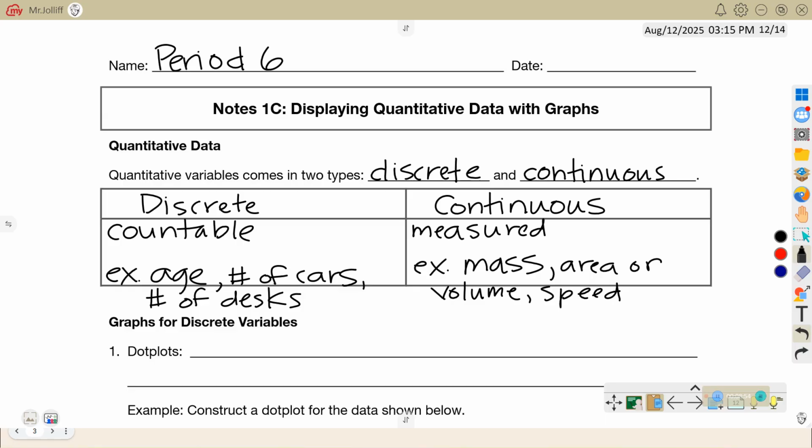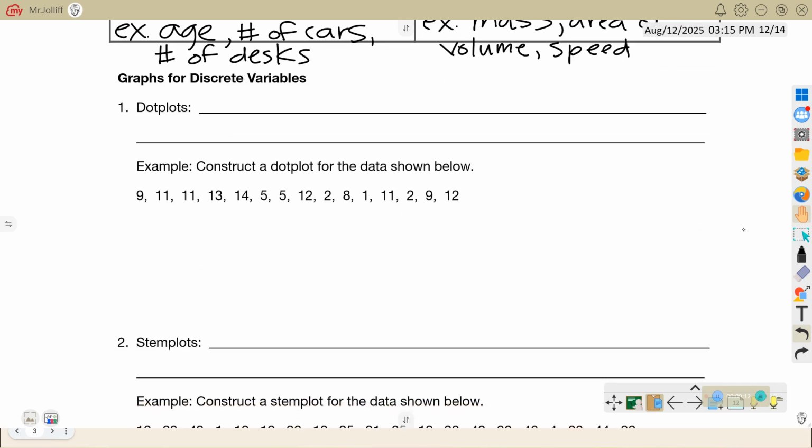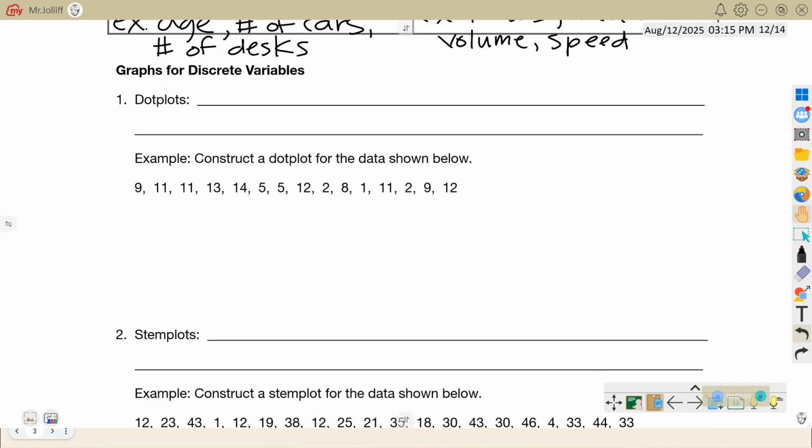How we graph them depends on where they fall. Today we're going to focus on the countable guys. When I see you on Friday, we're going to start talking about how we graph the continuous guys, because we know they behave differently.